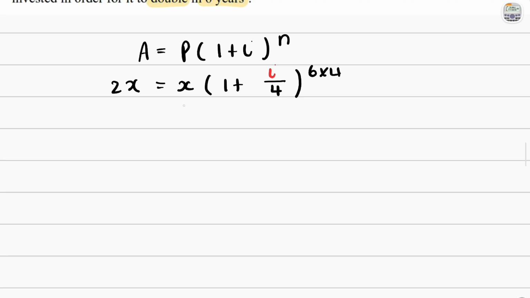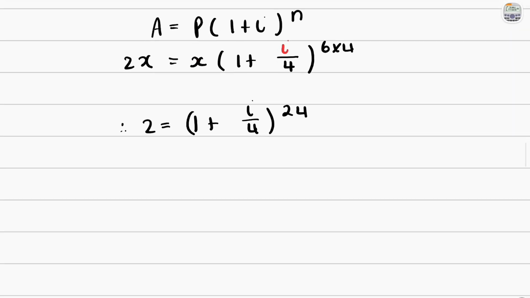So we can get rid of this x by dividing both sides of the equation by x. You can divide by x here because x is not 0, an amount was invested. So this will give us 2 is equal to (1 plus i over 4) raised to the power of 24, and that cancels the x out.